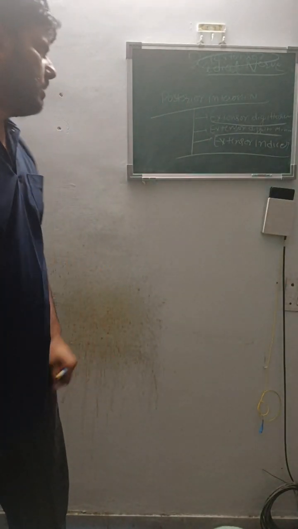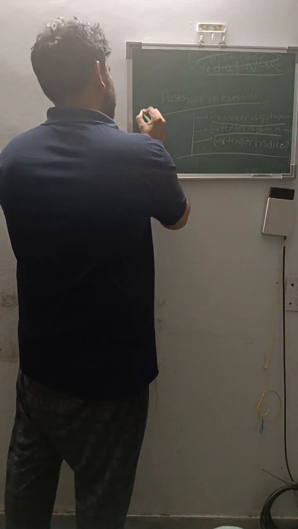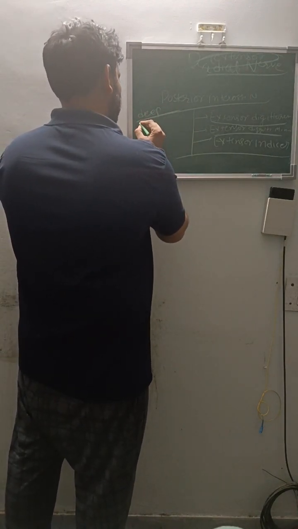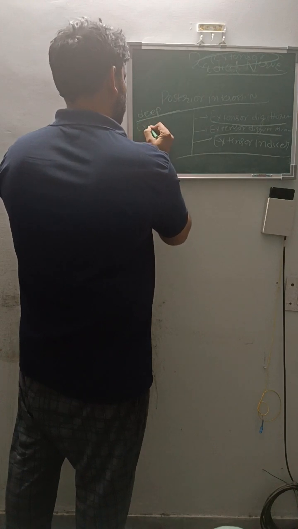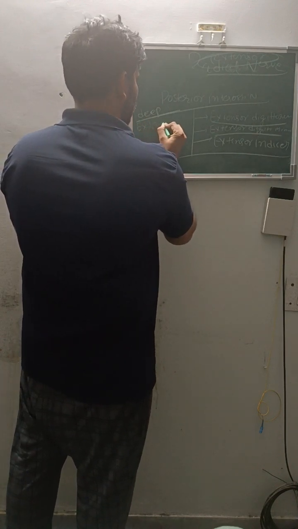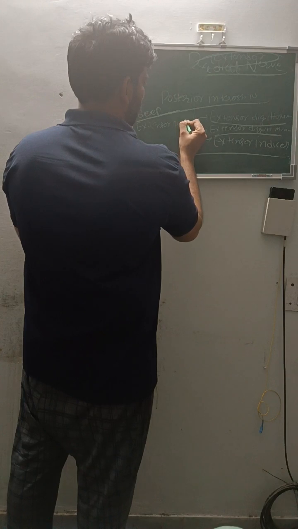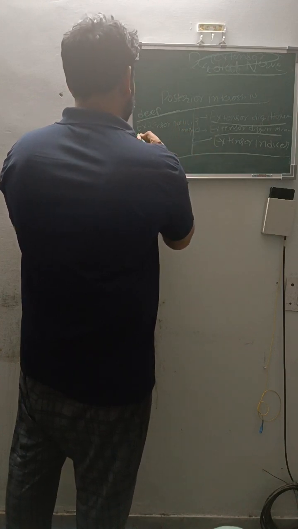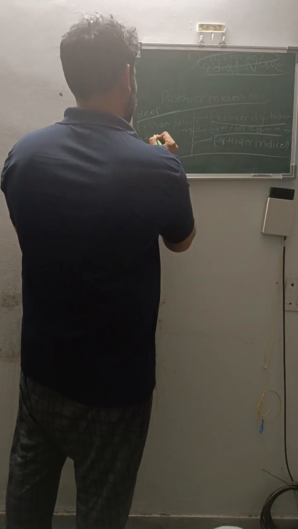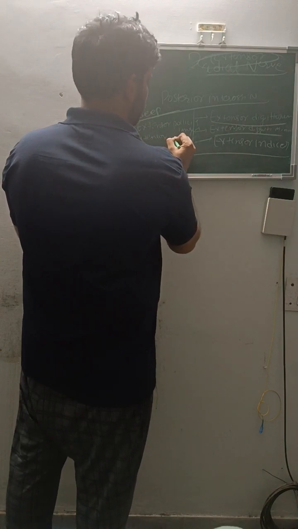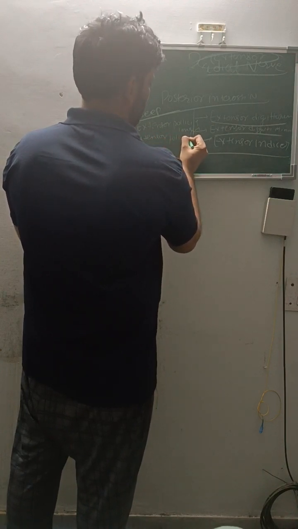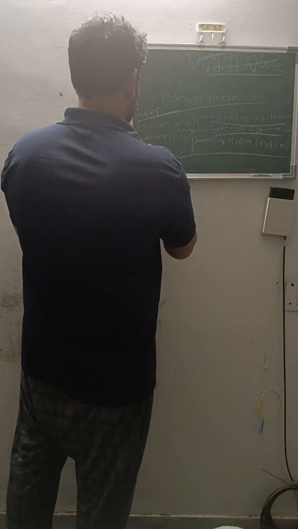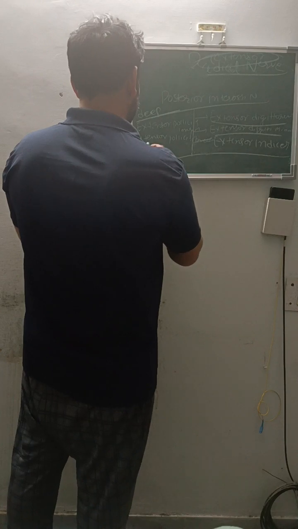These are your superficial muscles. Deep muscles are like your extensor pollicis longus, extensor pollicis brevis, and abductor pollicis longus.